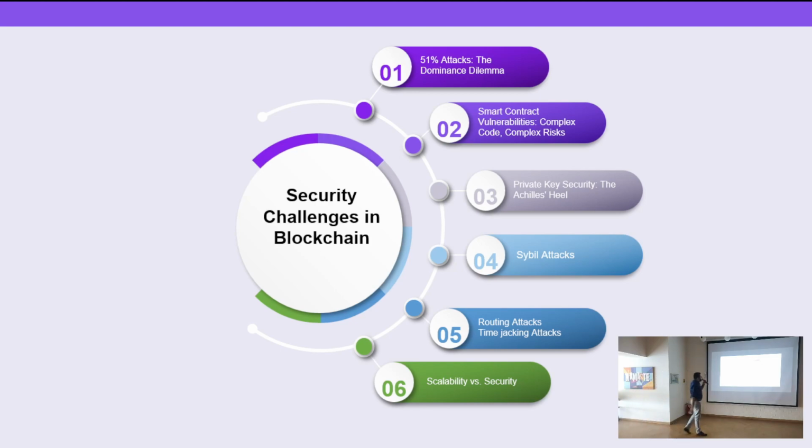And third is about private key security. Blockchain is all about keys: misplaced keys, lost keys, the seed phrase is lost, you lose them, it's gone. Even if you don't store your keys properly, they get stolen. Something happens. So managing the keys becomes important. That is the third challenge.